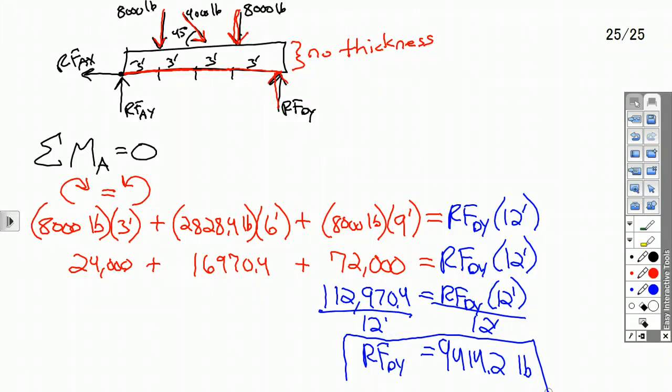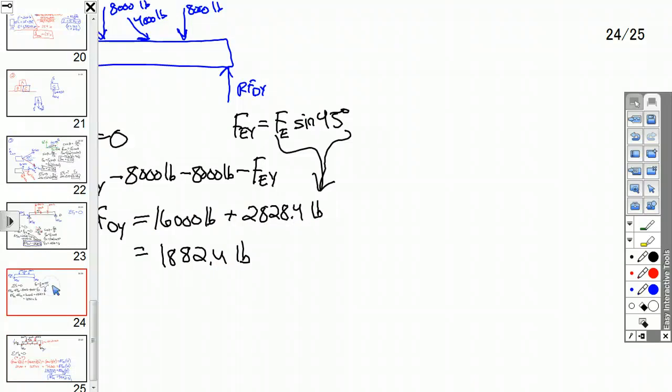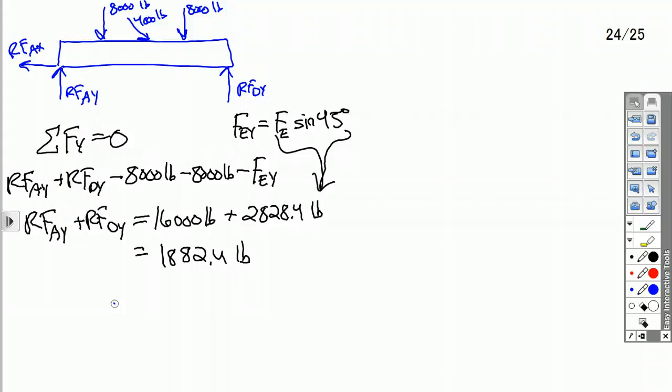I got one left. I know this one, we found this one. I need to take what I know from here and jump back. So I'm going to jump back one slide to the y equation that we set up. Now I know RF dy, so that was 9414.2.